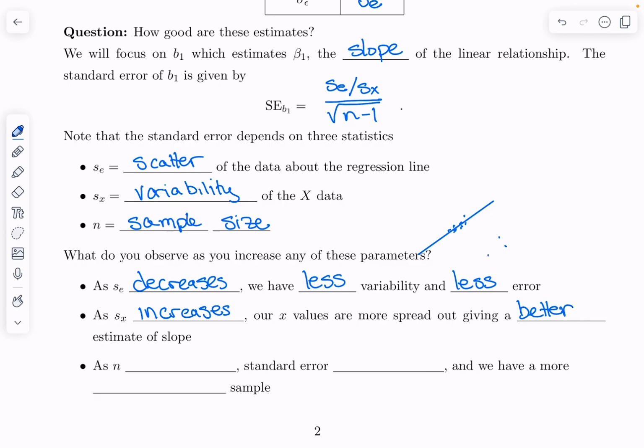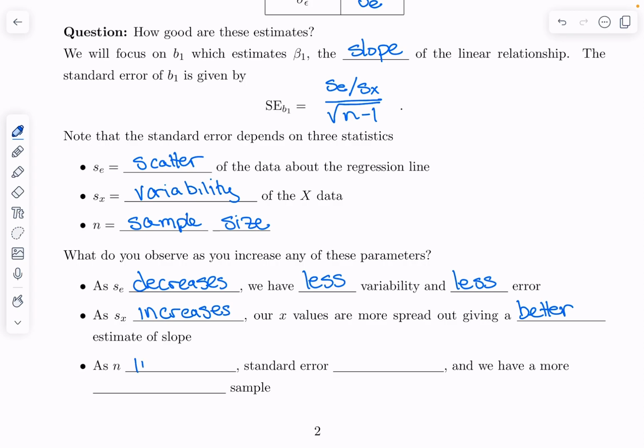But if you have data that are more spread out in x, then that gives you a better sense of the trend of that data. So that's why if you increase the standard deviation of the x values, that will give you a better estimate of the slope. And that's why the S sub x appears in the denominator of this standard error formula.